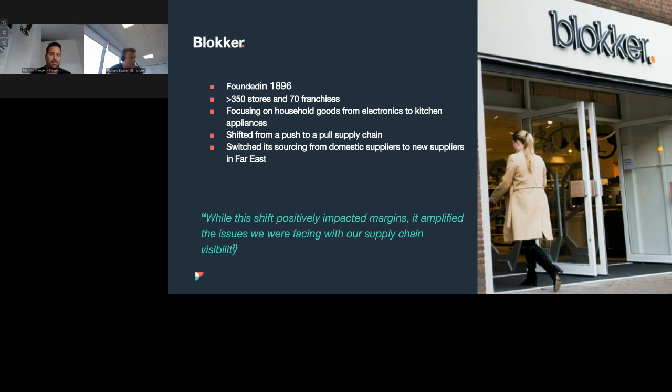Yeah, fair enough. When working with Blocker, by creating visibility in their shipment lifecycle, we were able to identify areas where the current process was going suboptimally, and we managed to realize some significant cost savings for them, especially on containers sitting in ports too long because of lack of visibility.